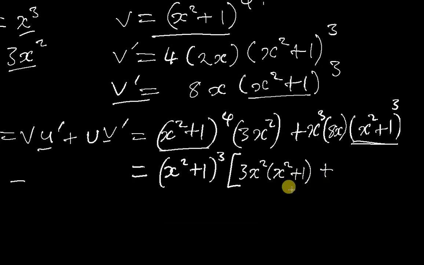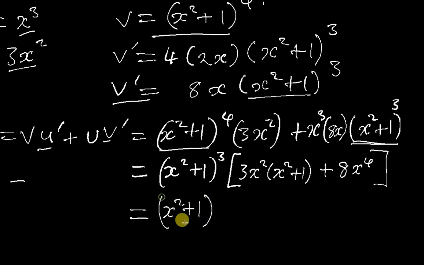So I'm going to remain with 3x squared times 1 of this. So this is exactly what I've written there. And then here we'll remain with 8x times that, which is just 8x to the power 4. That is what we're going to remain with. So now we can simplify it further by saying x squared plus 1 in brackets raised to the power 3.